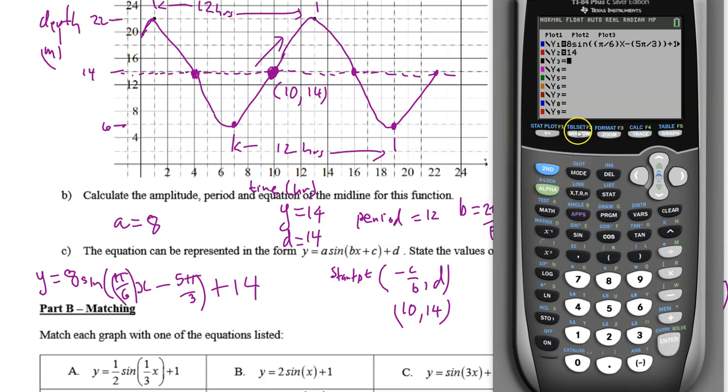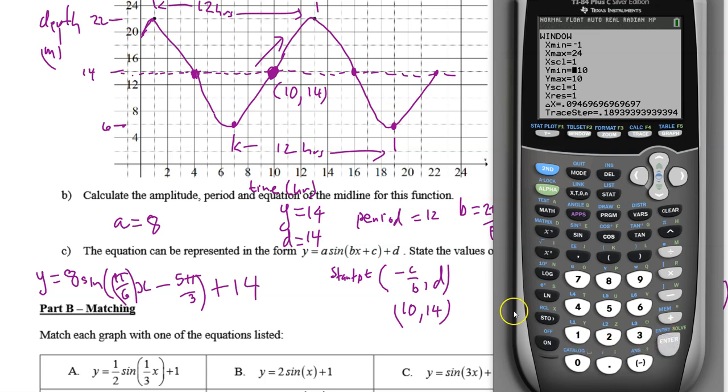I'm now going to set my window to match what's up here. So we'll go from negative 1 for x to 24, and we'll go by 1's.